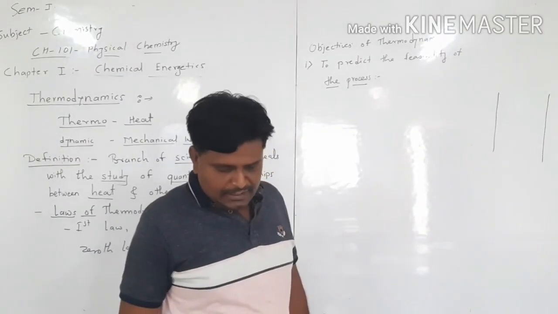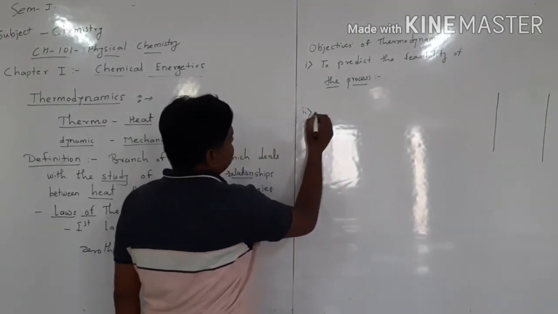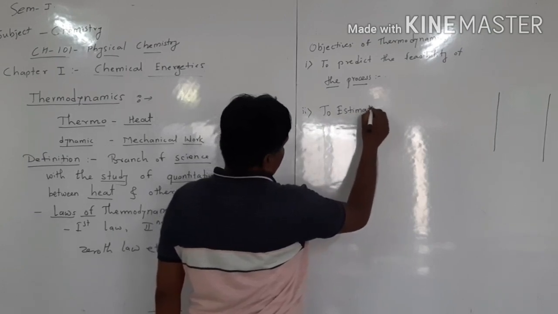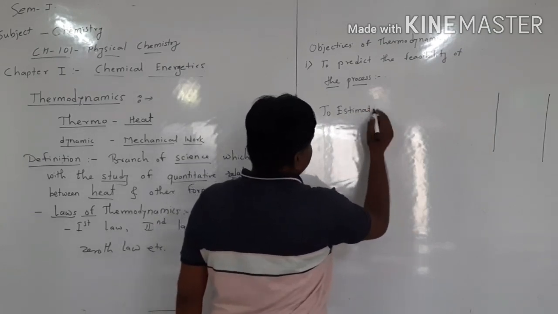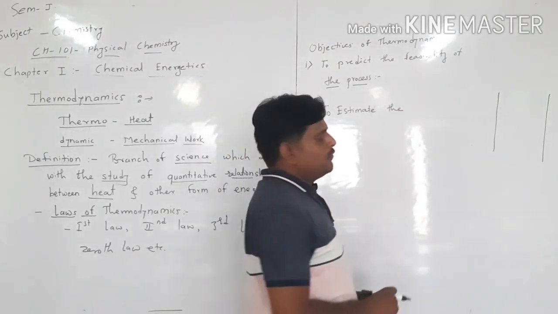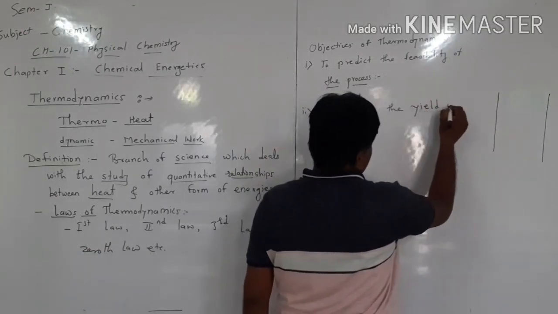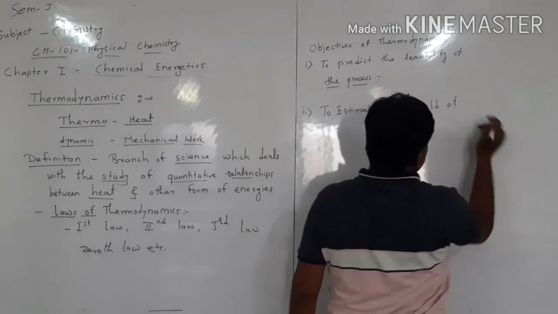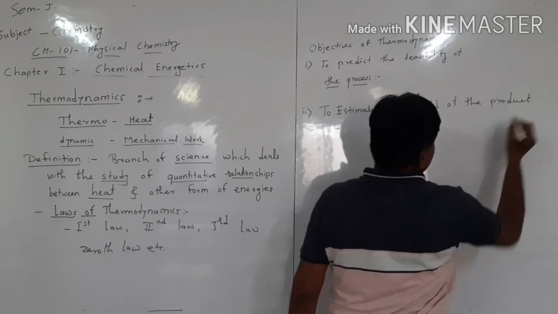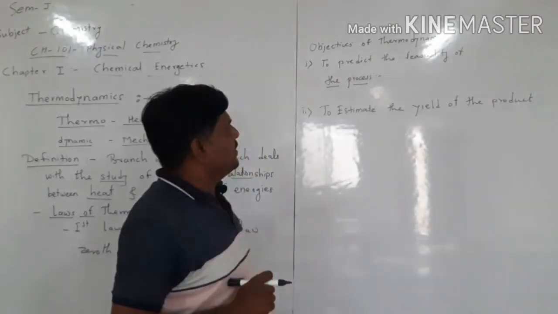The next one, the second objective, is to estimate the yield of the product. This is a very important objective.